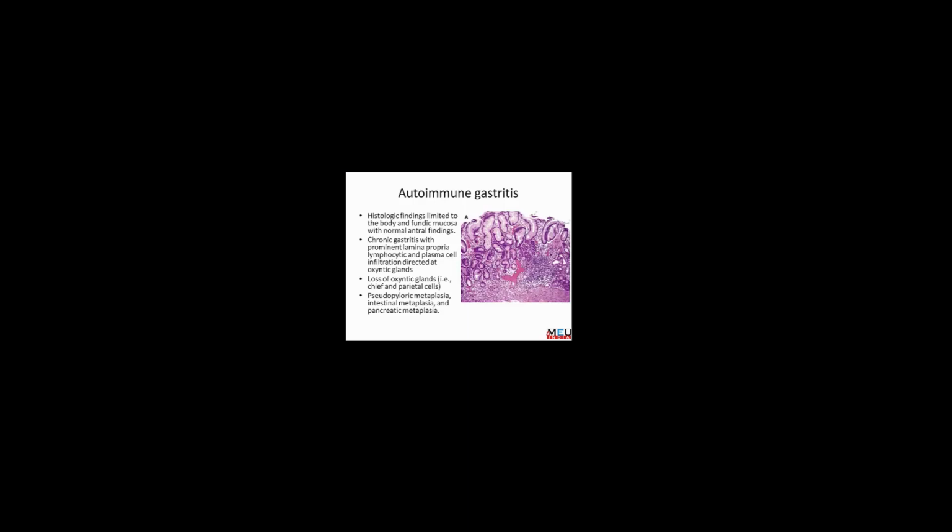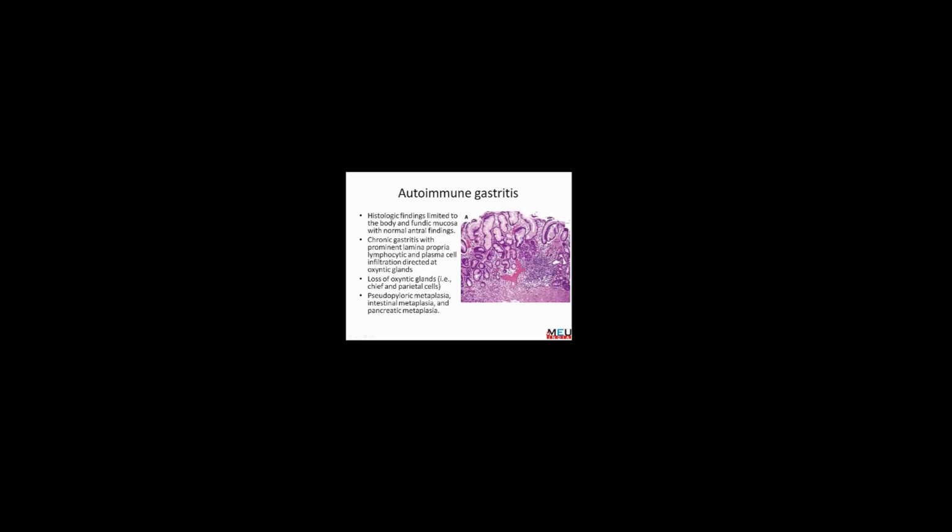Chronic gastritis with prominent lamina propria lymphocytic and plasma cell infiltration directed at the oxyntic glands can be seen. There can be loss of oxyntic glands, that is chief cells and parietal cells. You can see in the fundic mucosa, in the lamina propria, here there is a collection of a lot of lymphocytes and plasma cells.